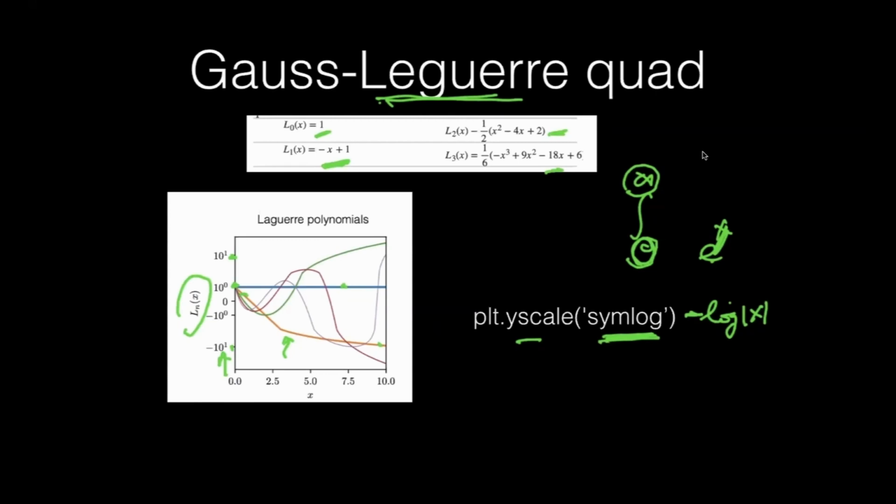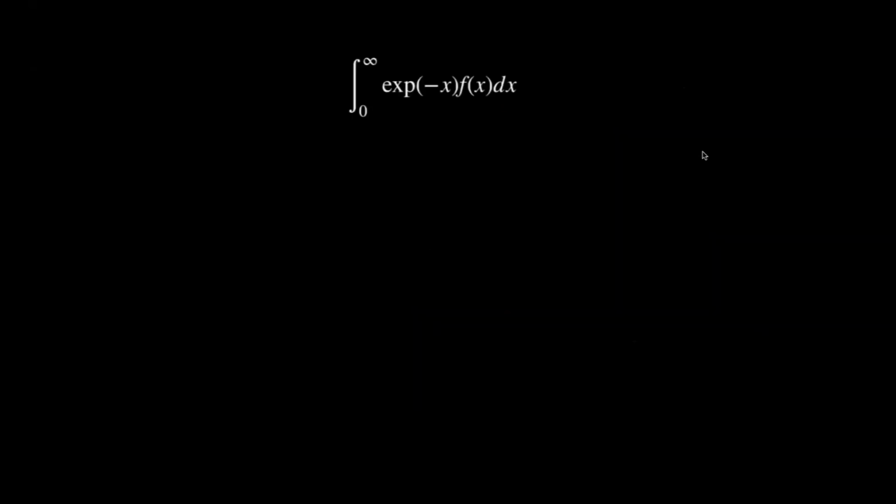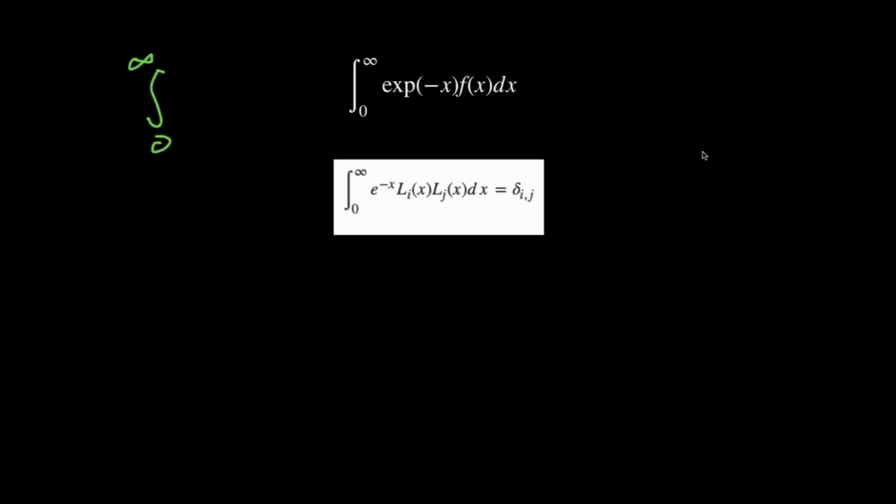Okay, now let's see how to use it to integrate, applying Gauss quadrature. This follows from the orthogonal property of these polynomials. Yeah, this is the orthogonal property: the integral of e to the power minus x, Li, Lj dx is delta ij. So these are Laguerre polynomials, from 0 to infinity.